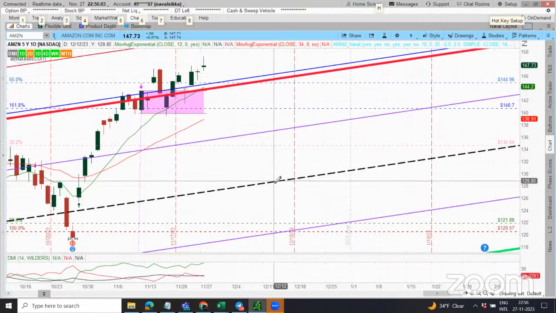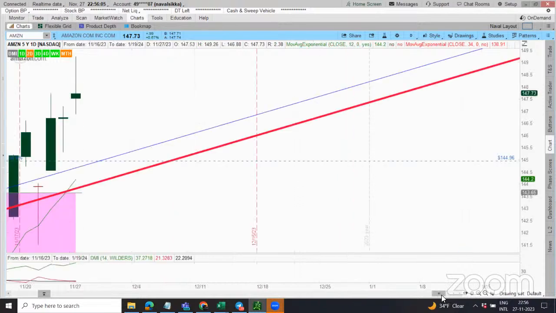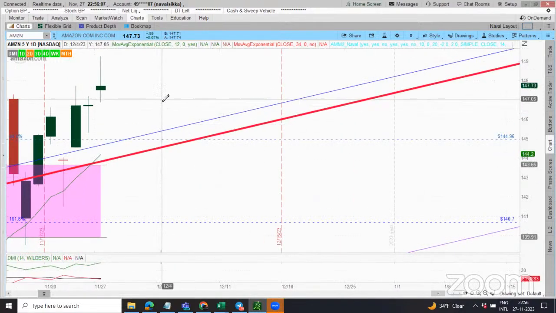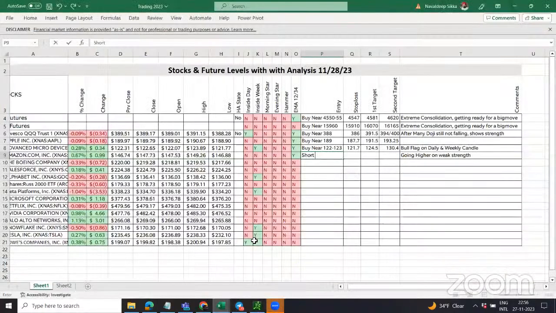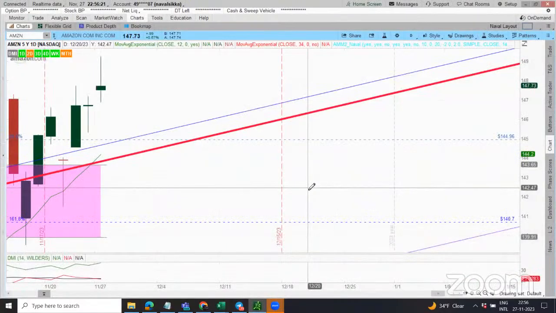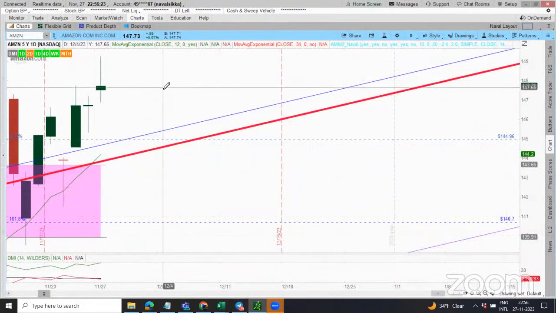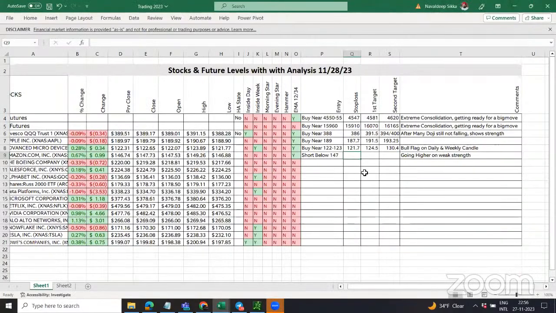My idea is if I have to short something, it will be Amazon, and I will short right here at 147. So I will short below 147. My stop loss will be the top right here, 147.75.